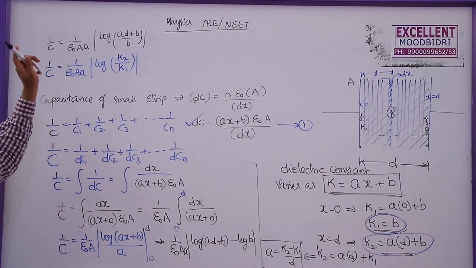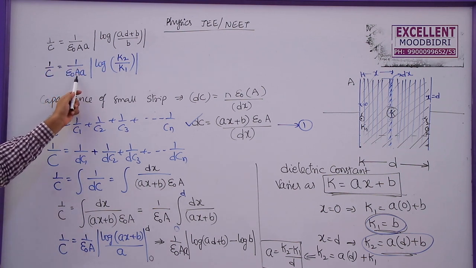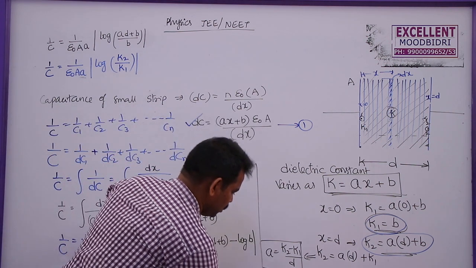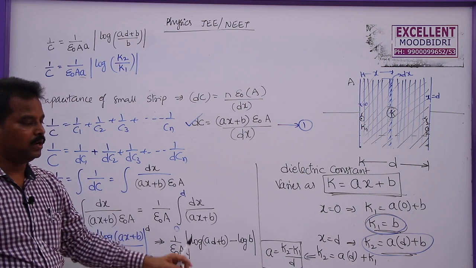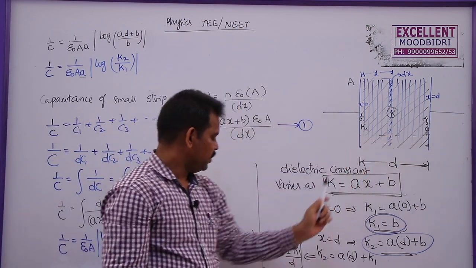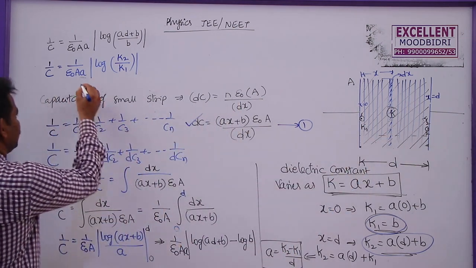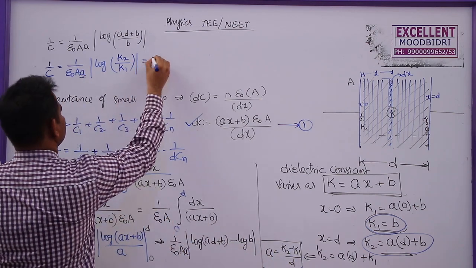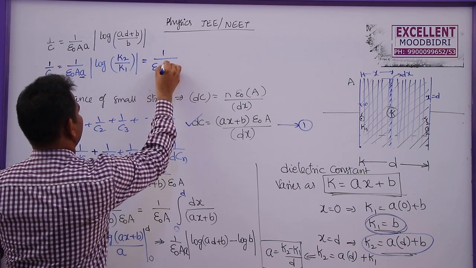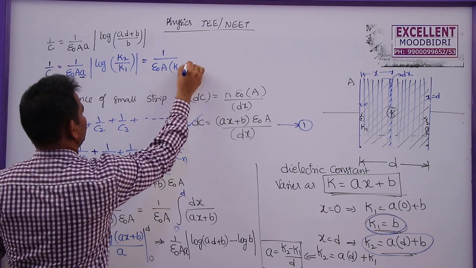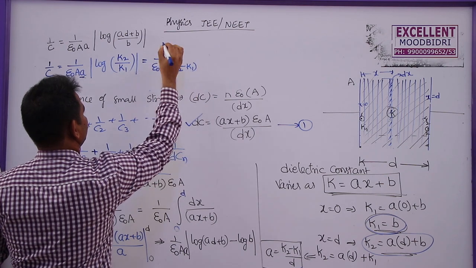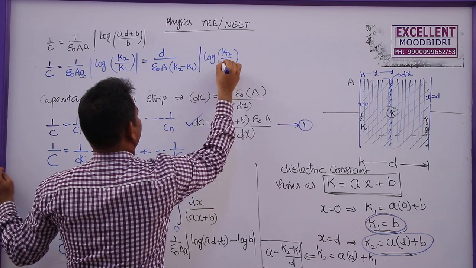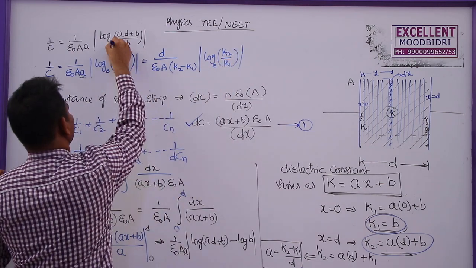But what are the known values here? Epsilon naught and A are constants, but what is this small a? Here small a is the difference between the dielectric constants at the two ends of the plates, and d is the distance. So in place of this a you can write (K2 minus K1) by d. So this will become 1 by epsilon naught A (K2 minus K1) by d into log of K2 by K1, always to the base e here.